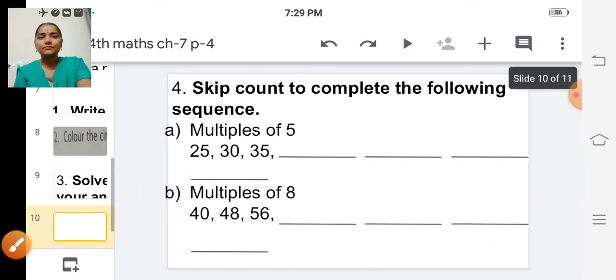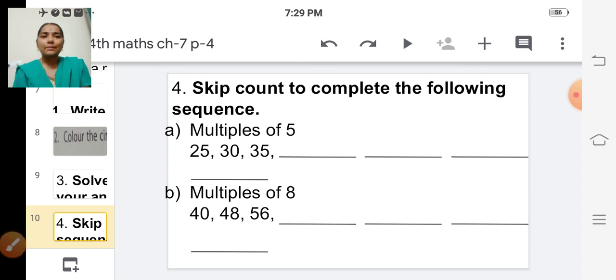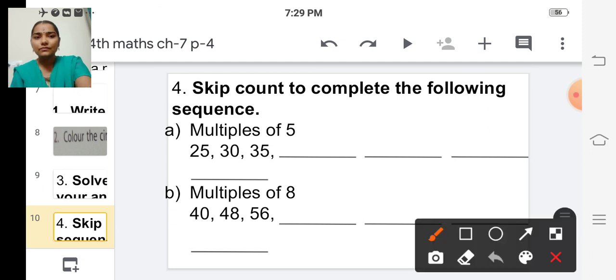Okay. Fourth one, skip count to complete the following sequence. So first one, multiples of 5. Starting from 25. Since they are multiples of 5, we are going to skip count by 5.